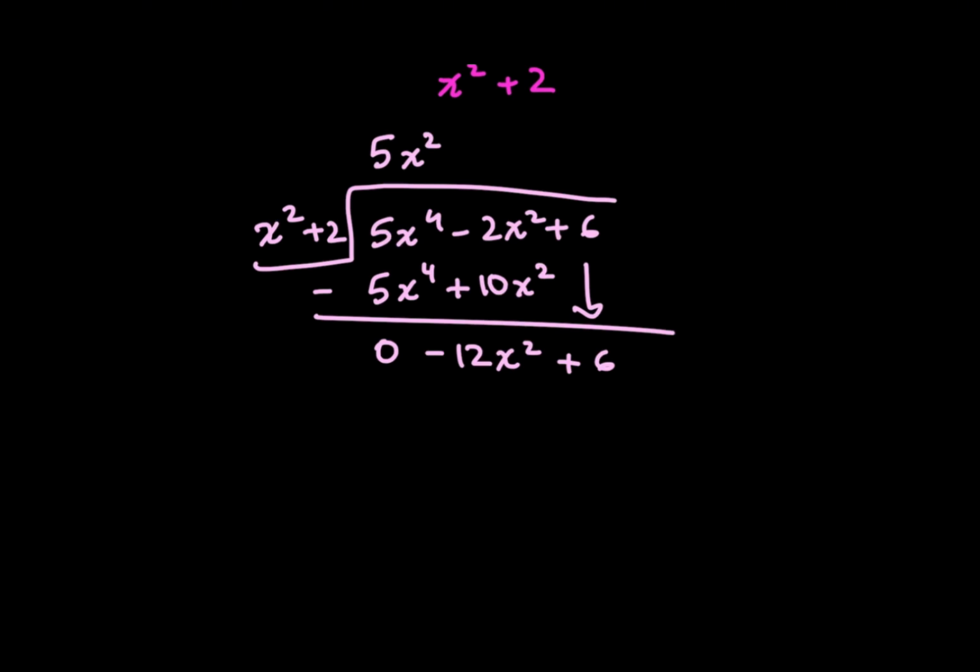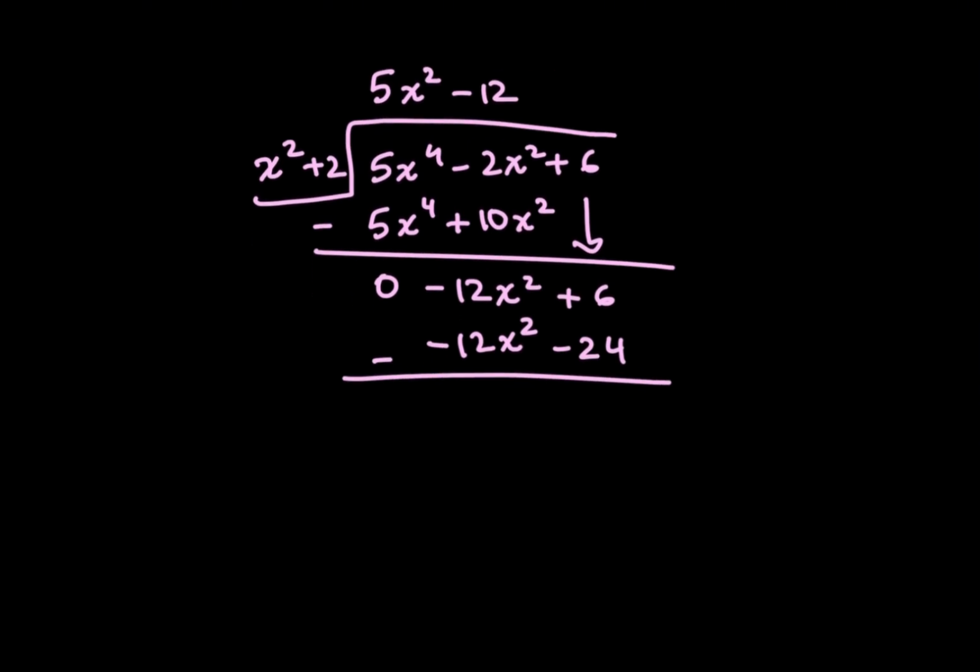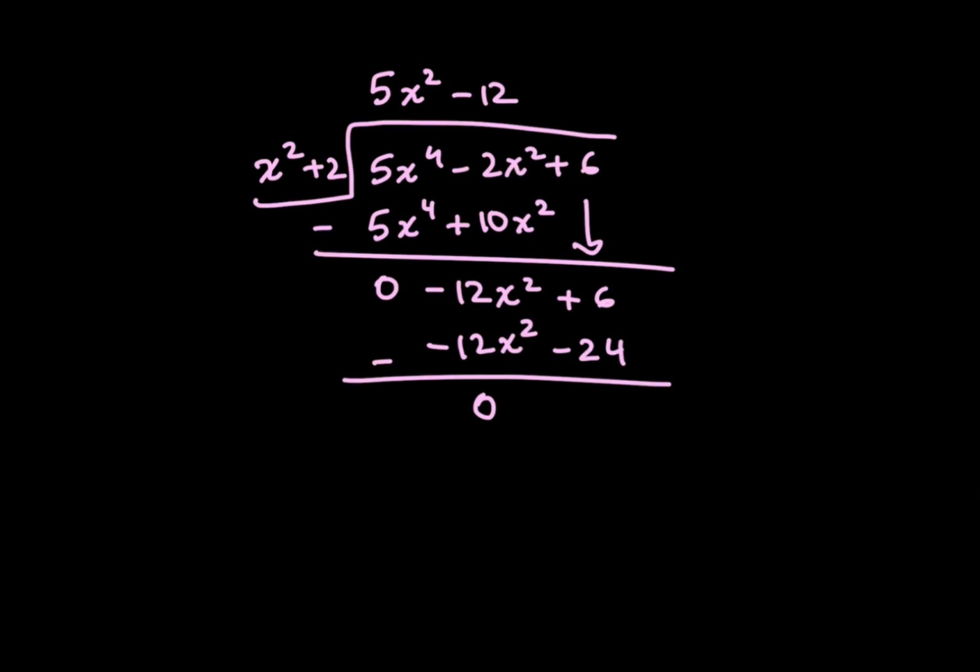Pretty straightforward. I just multiply by negative 12. So that gives me negative 12x squared. 2 times negative 12 is negative 24. And I subtract everything once again, so the negative 12x squared term goes away. 6 plus 24 is 30.